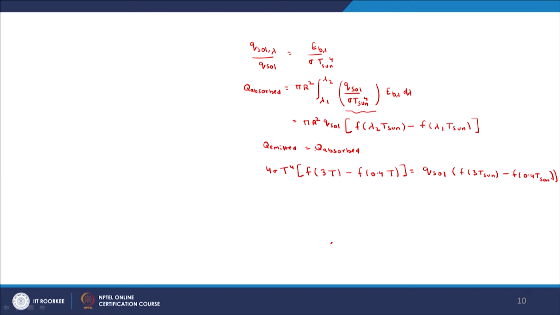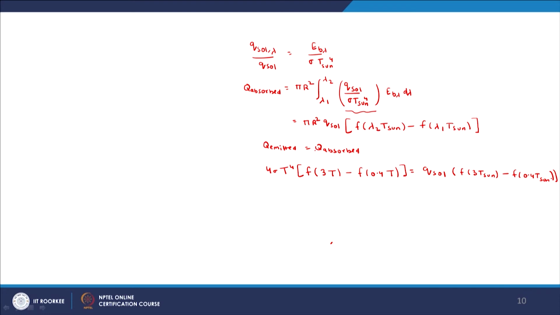So, if you look at this equation, this is basically a nonlinear equation in unknown temperature T. Why is it a nonlinear equation? Because this function f depends on power 4 of the temperature, and this equation cannot be solved directly.